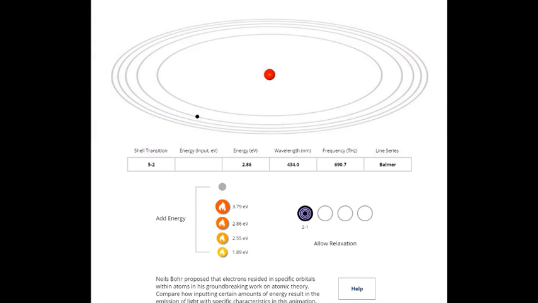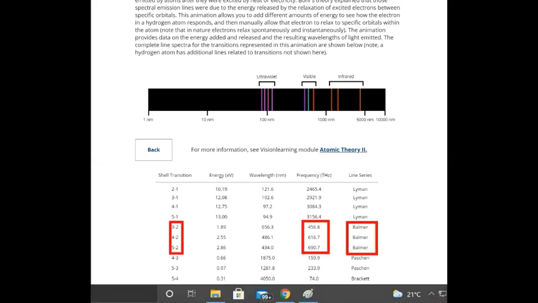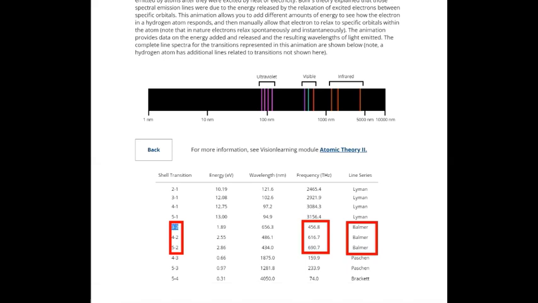So in the case when the electron makes the transition from the third orbit to the second orbit, it gives radiation of wavelength 456 nanometers.